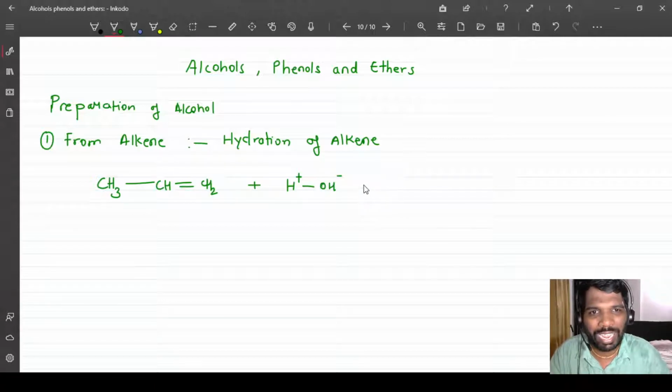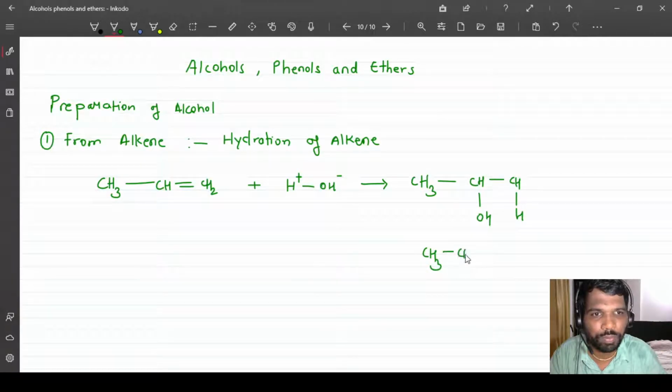Here, the negative part is OH, and according to Markovnikov's rule, the product we are going to get has the OH on the CH carbon, and a hydrogen is going to add on the carbon which has more hydrogens. So this can be written as CH3, CH(OH), CH3.